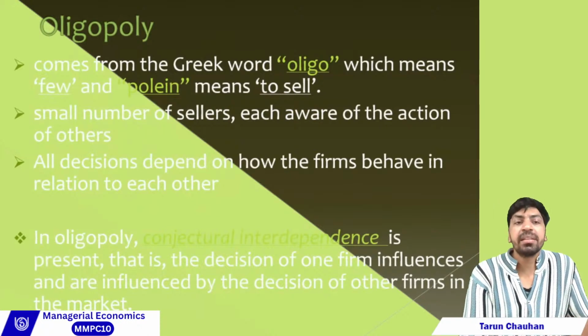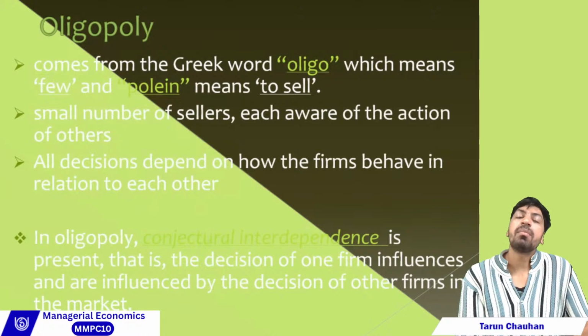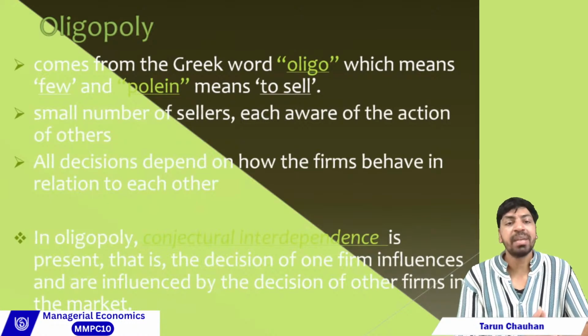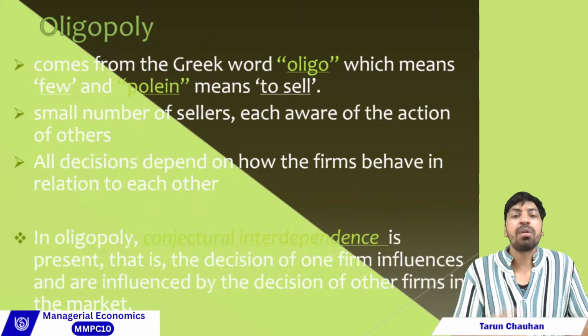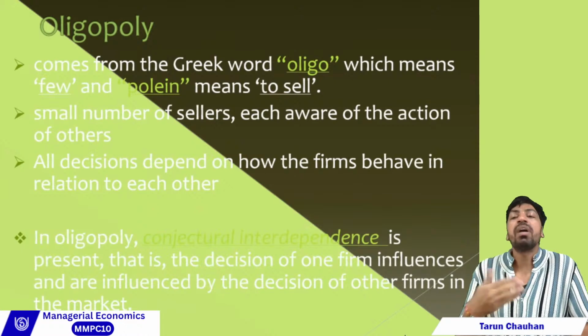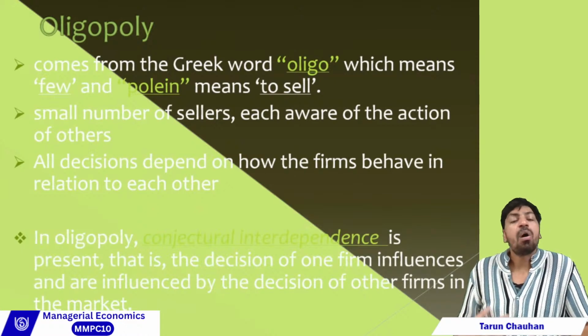Let's go to another concept, that is oligopoly. Oligopoly also comes from the Greek word oligo, which means few, and poly means to sell. That means a few sellers or a small number of sellers are aware of what the others would do in that particular market. Every decision should also depend on how the firms behave in relation to each other.